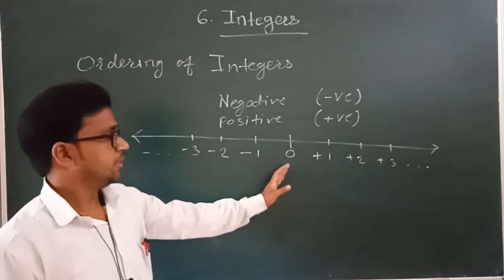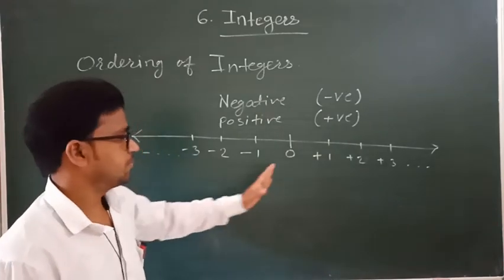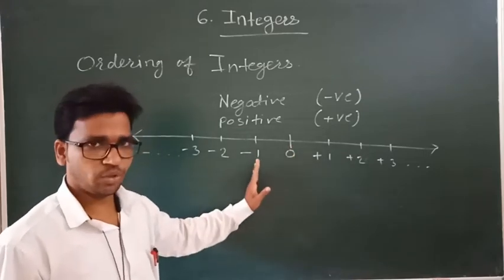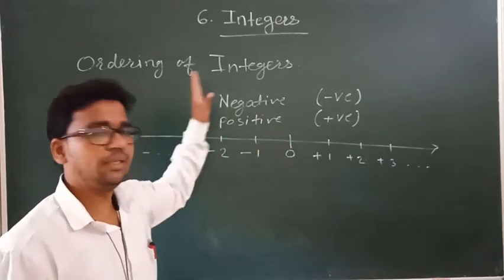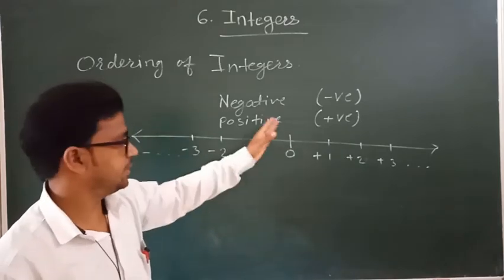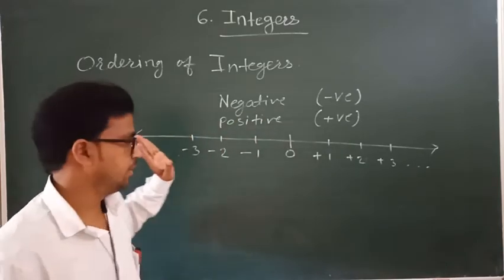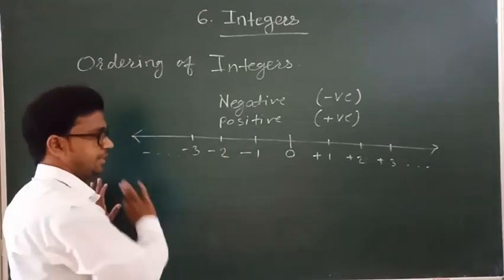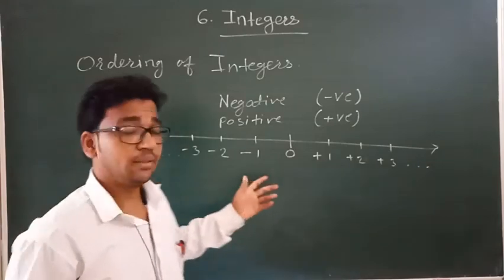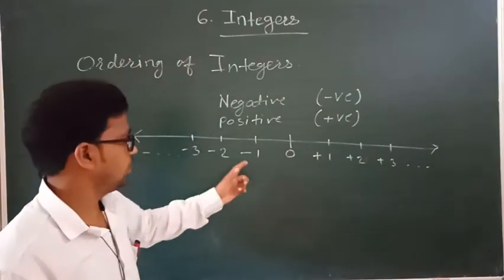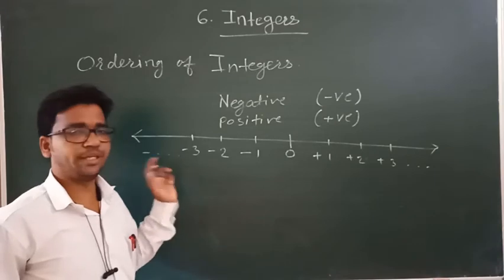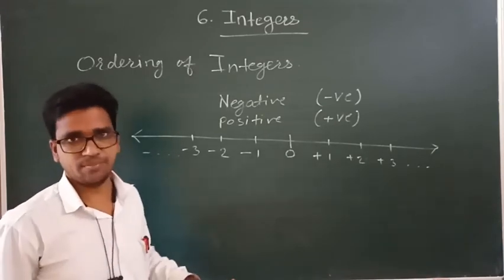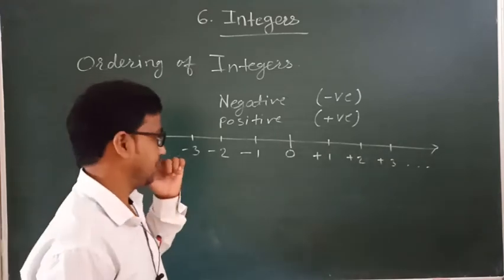Same in the negative numbers: from 0 to negative 1, it goes to the left by 1. Negative 1, then negative 2, negative 3, negative 4. But increasing here means only the numbers are increased, 1, 2, 3, 4. The value of that number is decreasing.